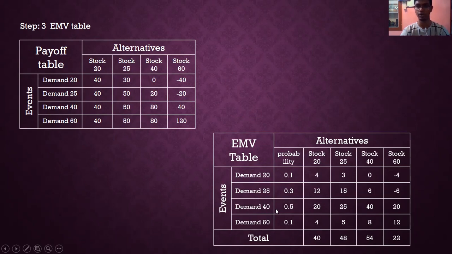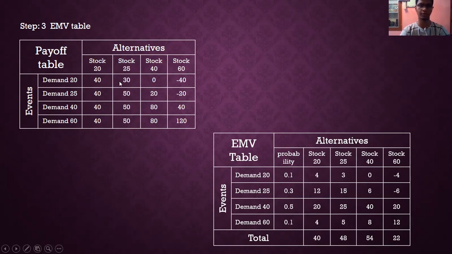For demand 40, the probability is 0.5. For demand 60, the probability is 0.4. These are the probabilities we got. After getting the probabilities, how do we calculate this EMV table? To calculate it, we have to come back to the payoff table.